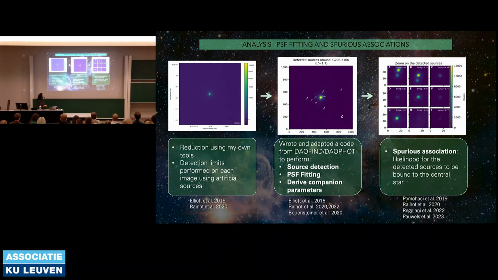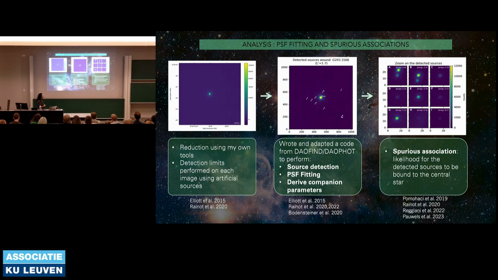The last step, which is very important, is that once we have detected all these sources, we need to know whether or not they are bound to the central source, because we get a snapshot of the sky and we are not 100% sure that all these detected companions actually belong to the system. In an ideal case, we would take the same snapshot several years later and look at the proper motion of all the detected sources to see whether they move the same way as the central source.